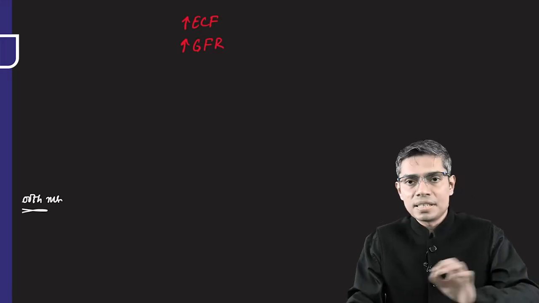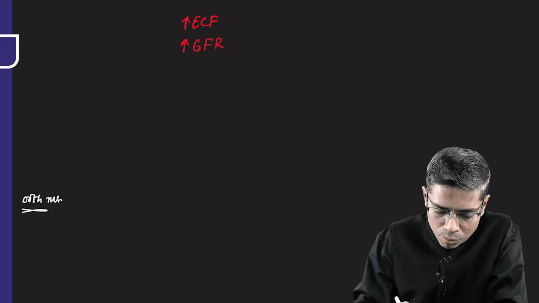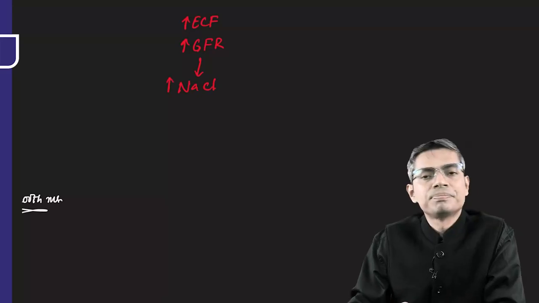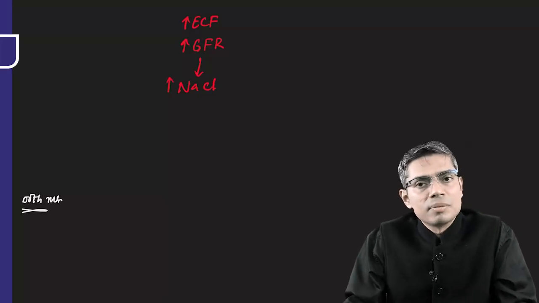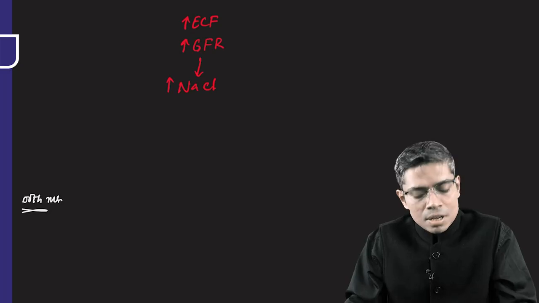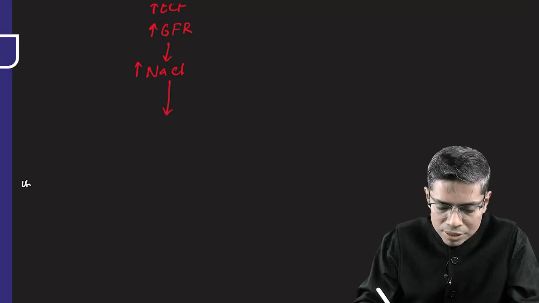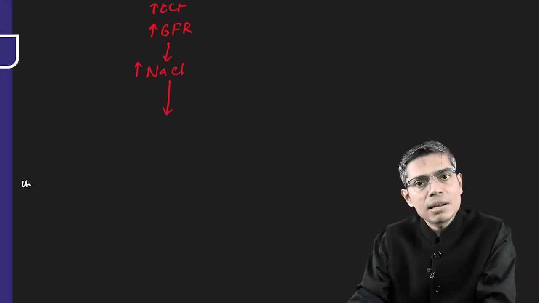Whenever your GFR is high, filtration is high, what will happen to the filtration of NaCl, sodium chloride, at the level of the lumen? Obviously, there will be an increase in NaCl filtration. Now this high amount of sodium chloride will reach the level of the TAL also.